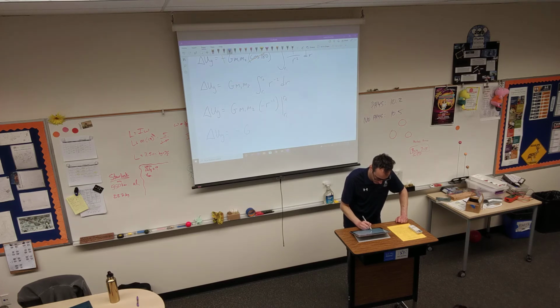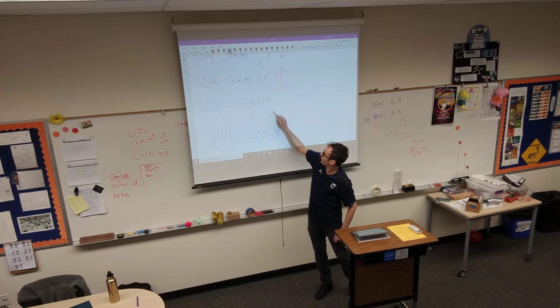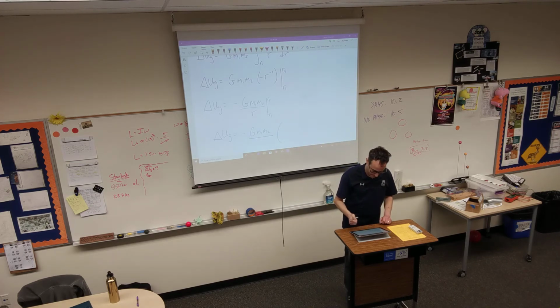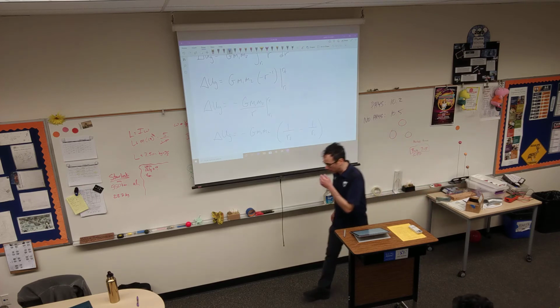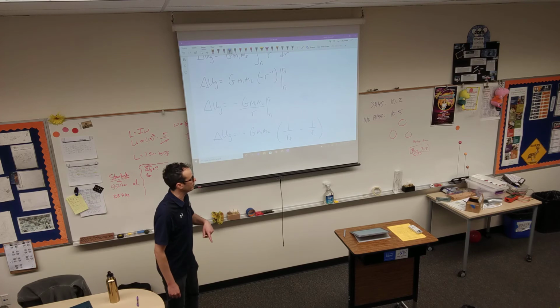Negative G M1 M2 divided by r, evaluated from r initial to r final, which lastly gives negative G M1 M2 times 1 over r final, and plugging in r initial, minus 1 over r initial. And that is the potential energy function between 2 points.